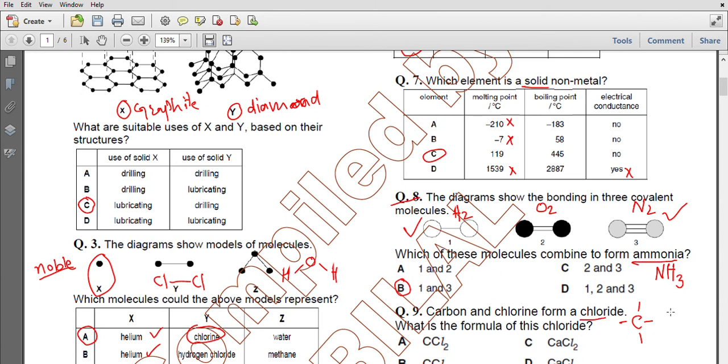That is why each chlorine atom makes one covalent bond with the carbon atom from the 4 sides. So the formula of the carbon chloride will be CCl4, called carbon tetrachloride. So B will be the right option.